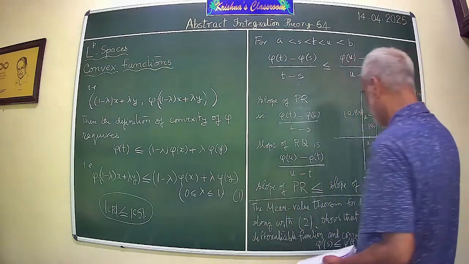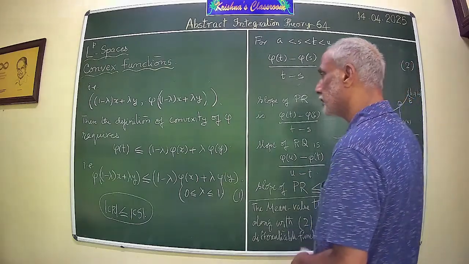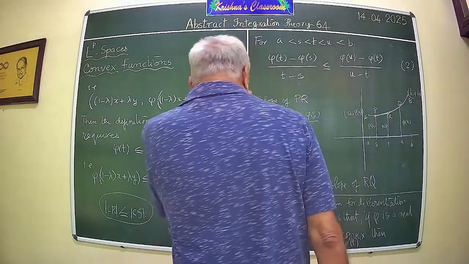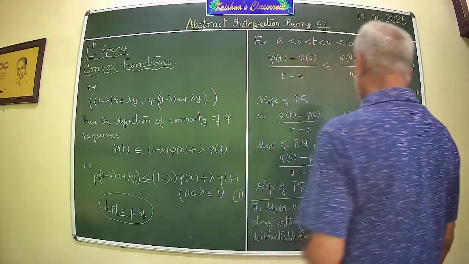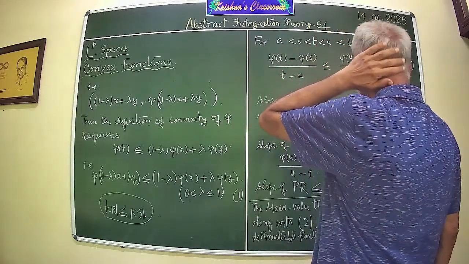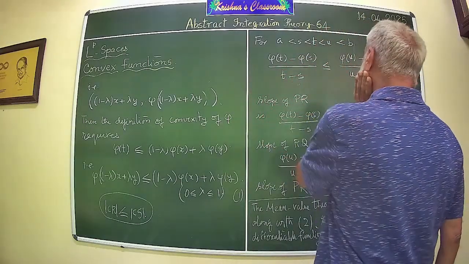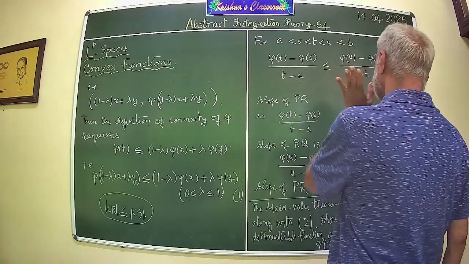Applying mean value theorem, assuming that the function phi is a differentiable function and convex, then from this inequality proceeding to the limit, we get phi derivative at s is less than or equal to phi derivative at t.